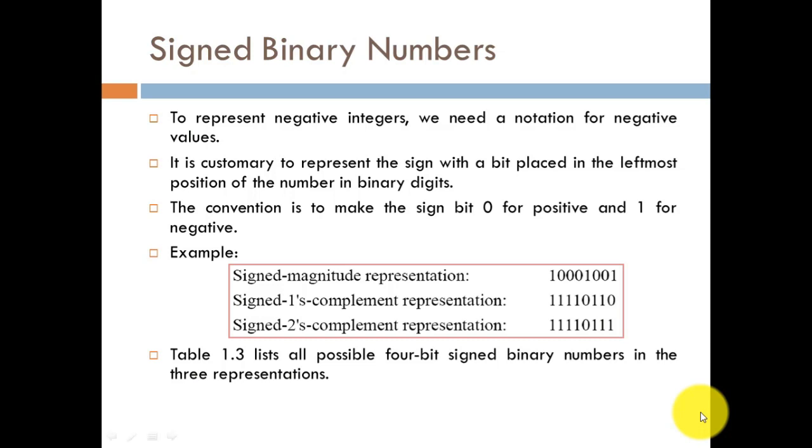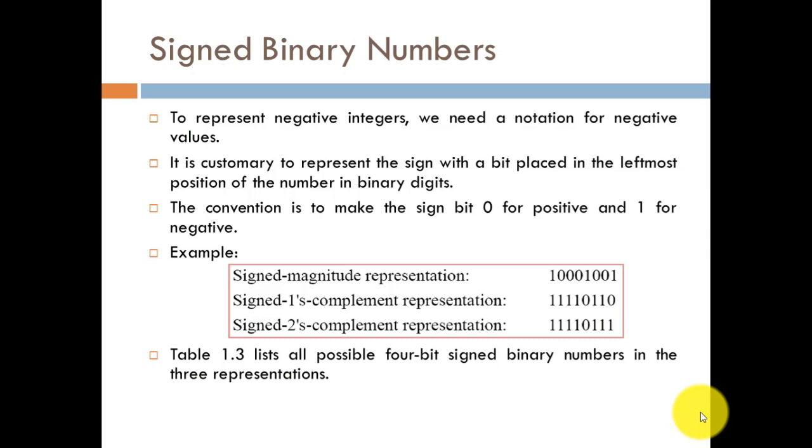So it is compulsory to represent the sign with a bit placed in the leftmost position of the binary digits. Since when we store the numbers, these numbers only have certain binary values, and when we have to perform arithmetic operations, how will a computer understand which are the positive numbers and which are the negative numbers?